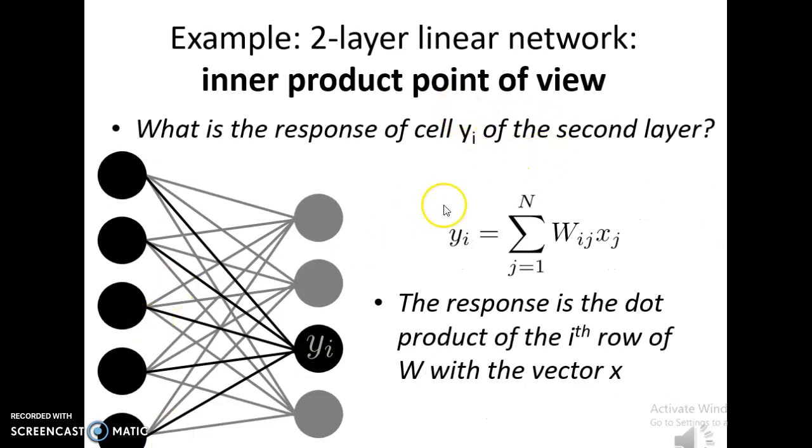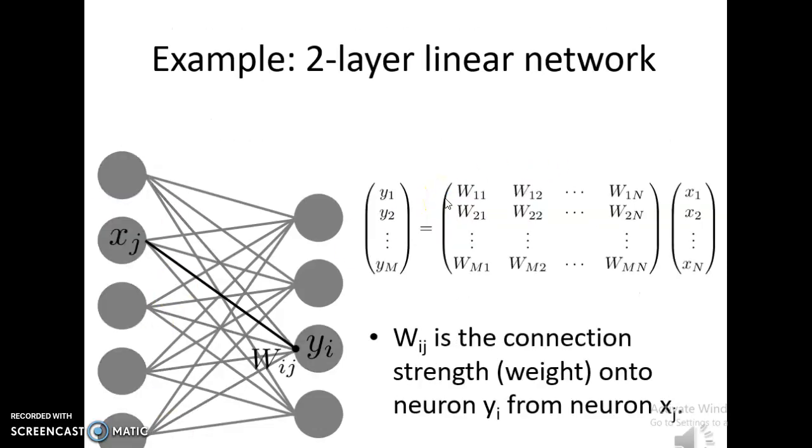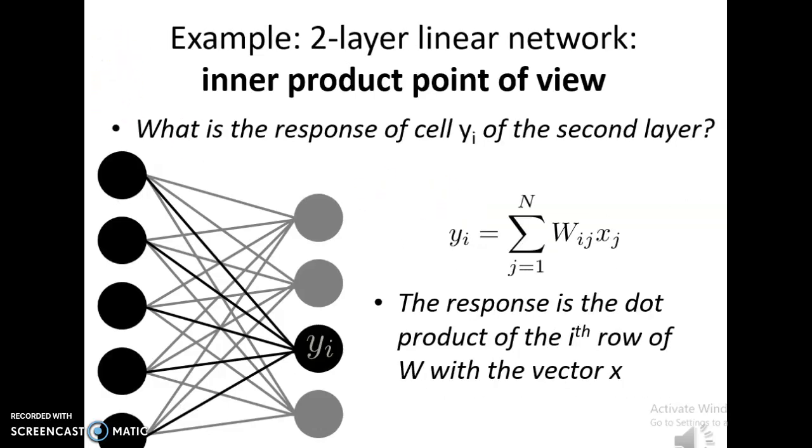Example 2: 2-layer linear network, inner product point of view.